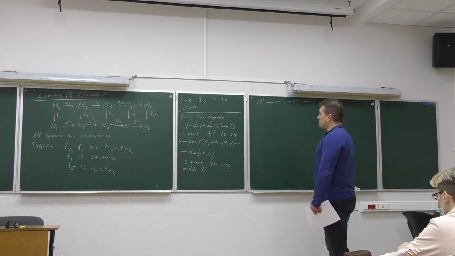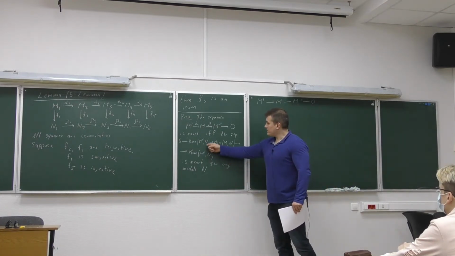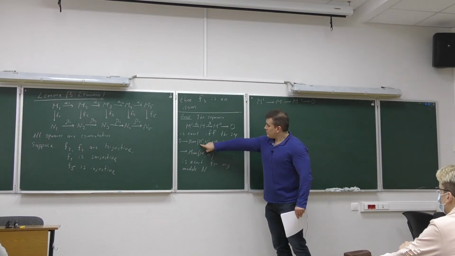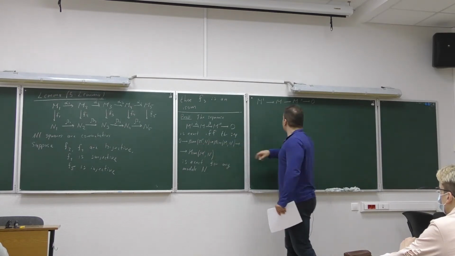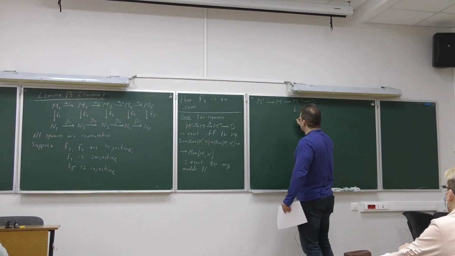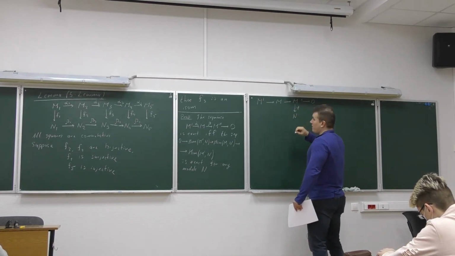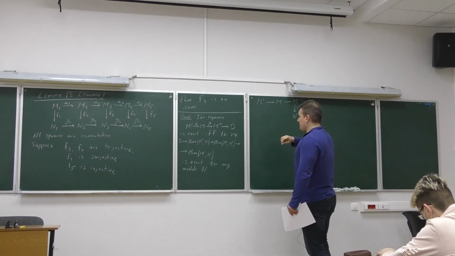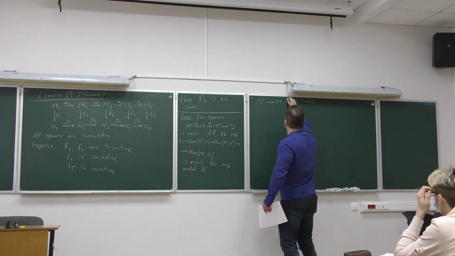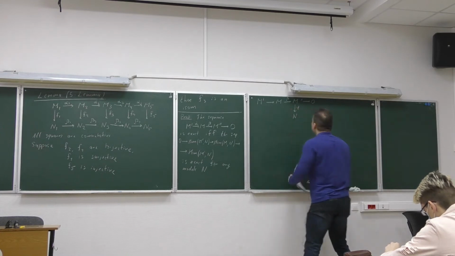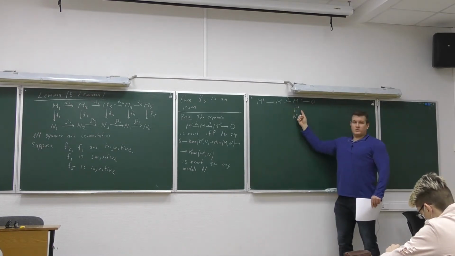Okay, but I want to show you why there is, for example, a map like this. Suppose I have a module homomorphism from M double prime to N, so I can write it like this on the diagram. Let's call this phi. And I call this map beta. So then I can take just the composition.